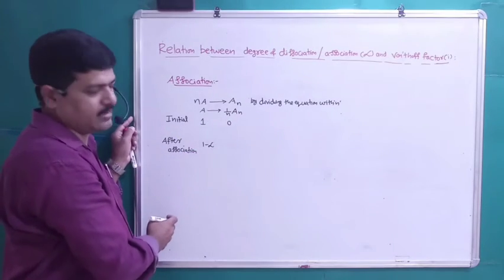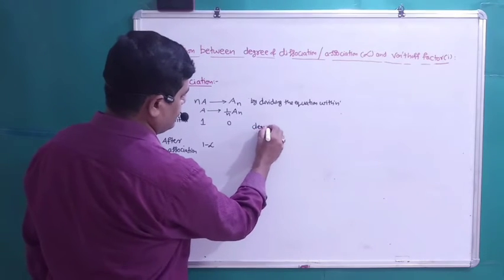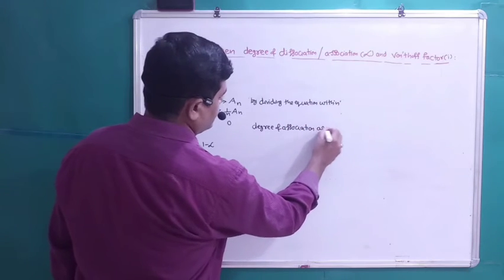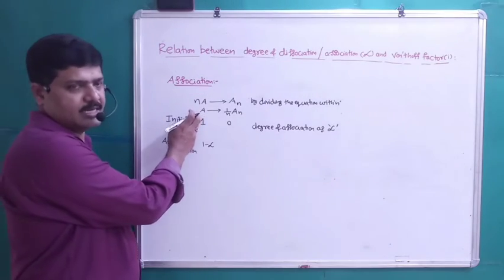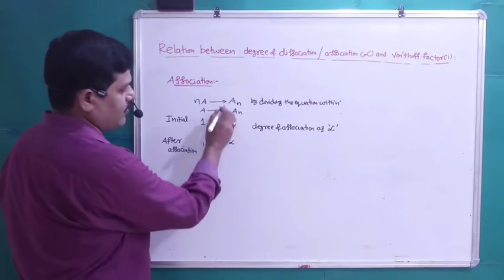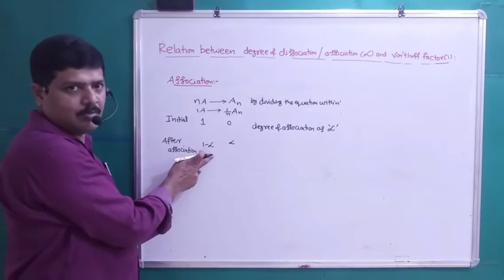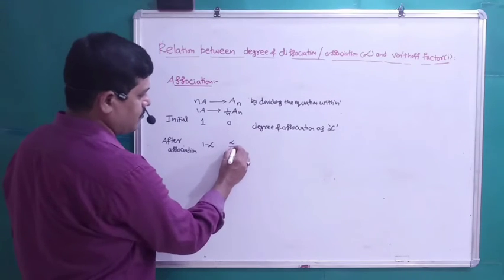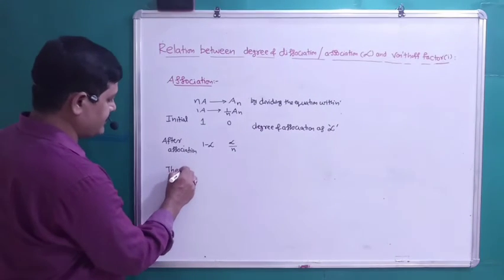Here we write the degree of association as alpha. When alpha moles of A is associated, the number of moles of A_n formed is alpha into 1 by n, because the mole ratio is 1:1/n, that is alpha by n.